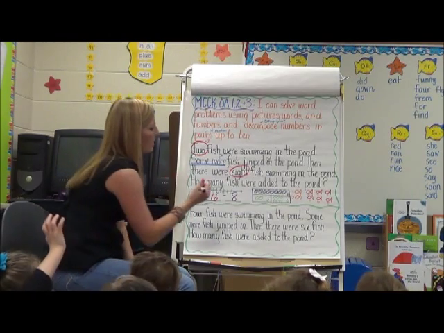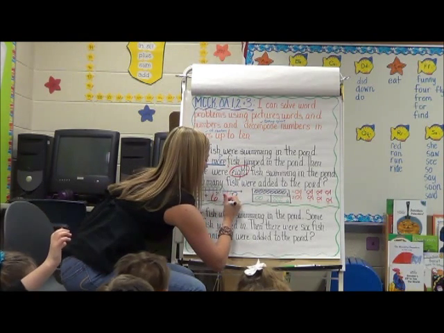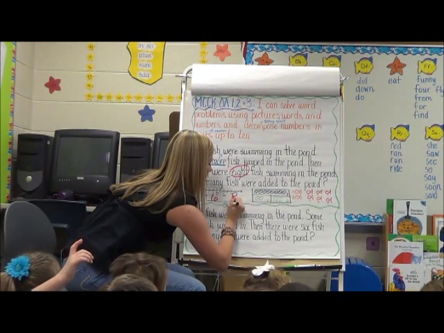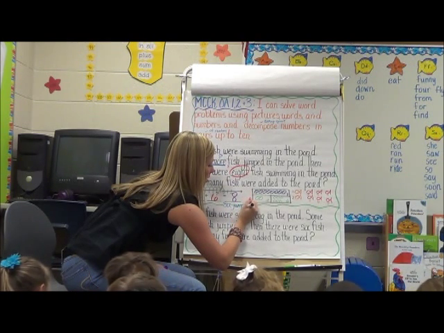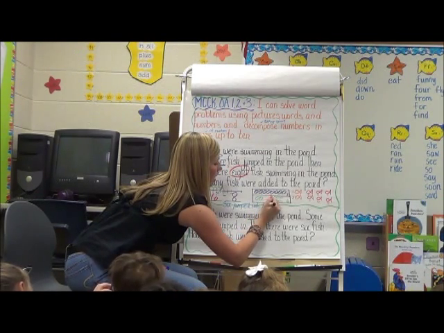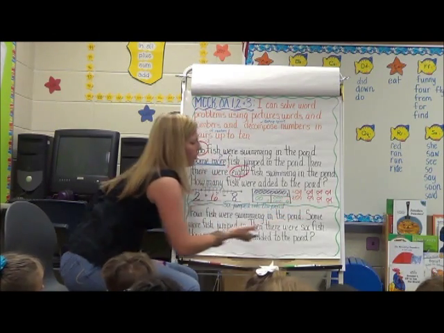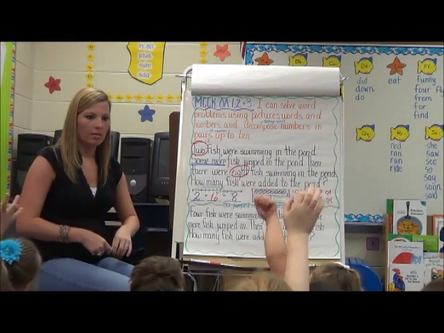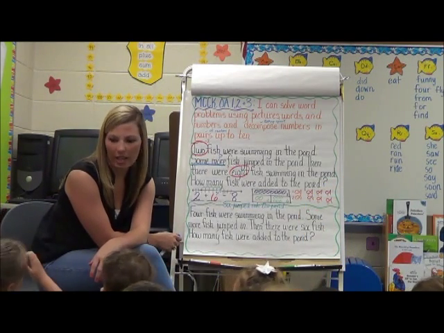So let's put 6 fish jumped into the pond. Why was it important for me to put 6 and not 8? Because that's how many jumped. Added to the pond. That's how many were added. And that's what my question asked me in my story problem.